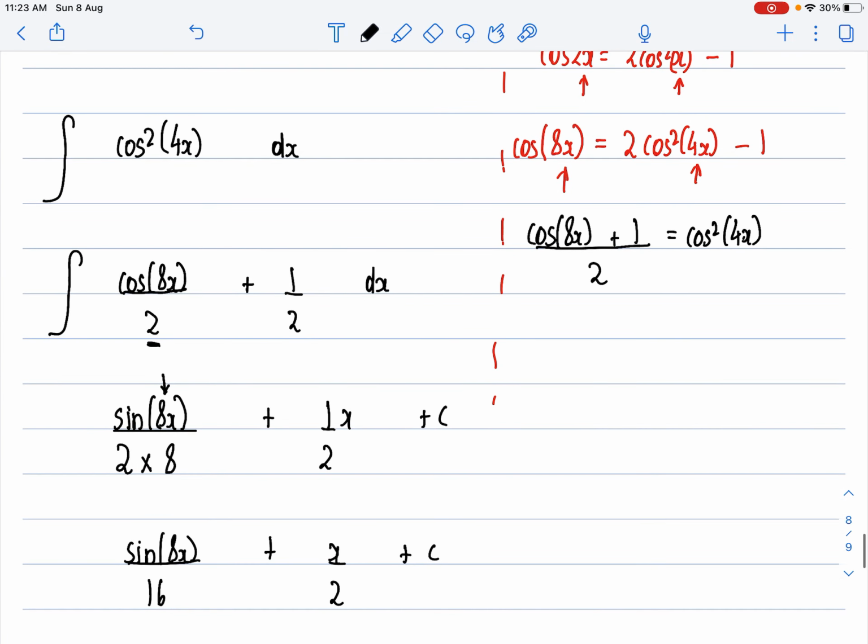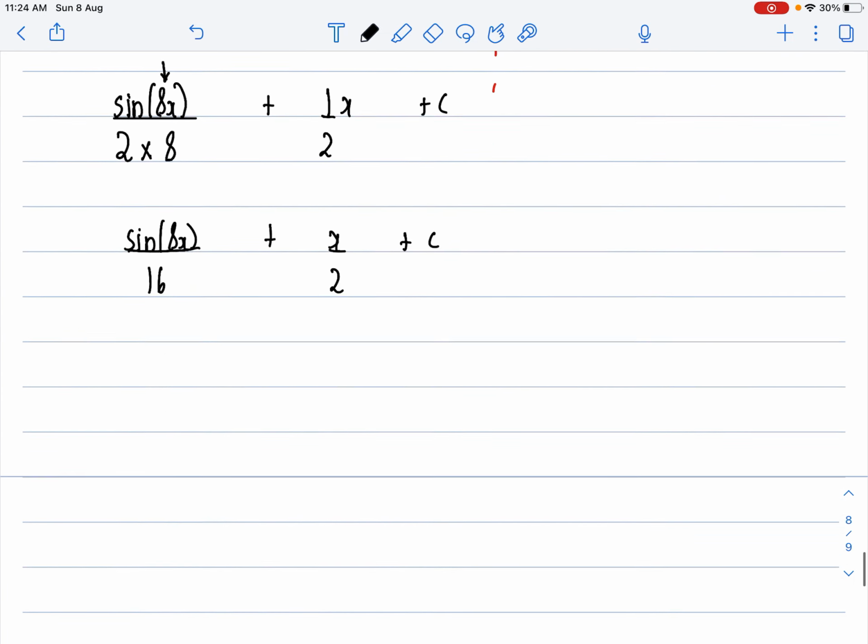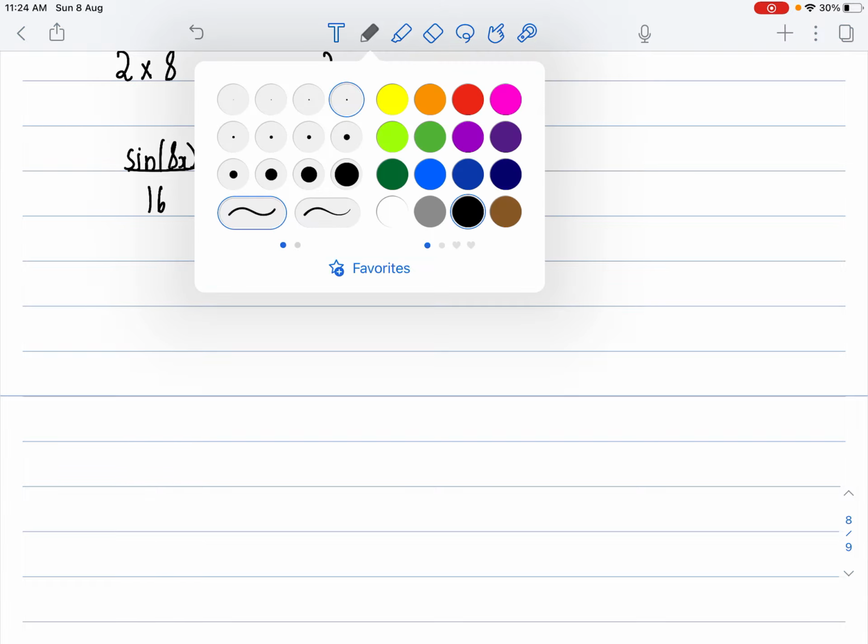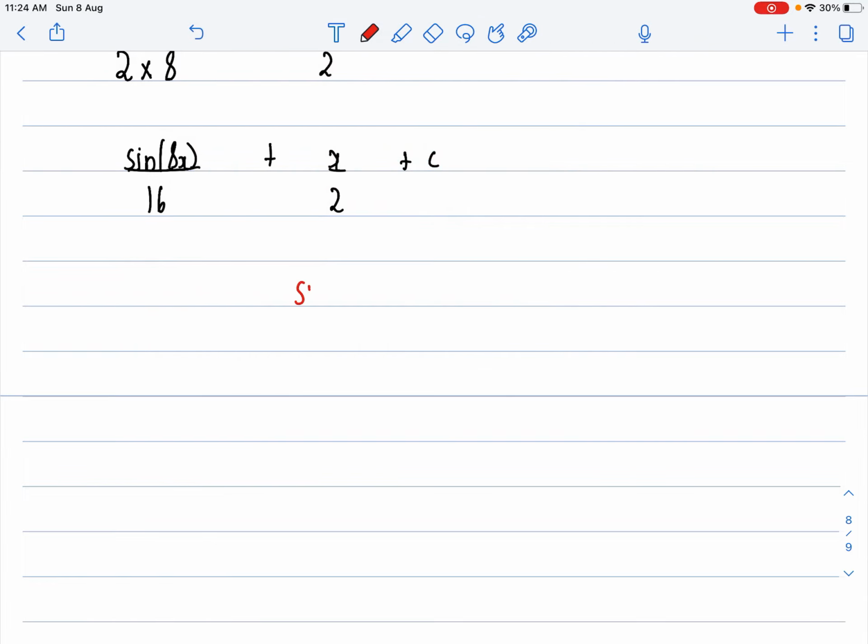Okay, the conversions, and this is how they can even ask you. So for your knowledge, you even need to know that sine 2x is 2 cos x sine x, correct?